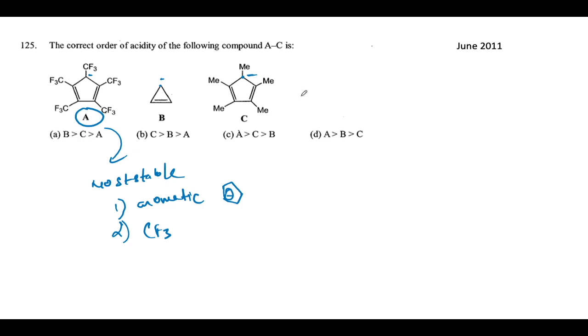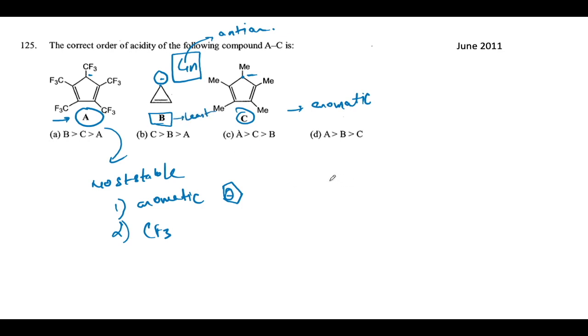It is aromatic. Option C is also aromatic in nature, but since the methyls are not electron withdrawing, it is going to be less stable. The conjugate base of C will be less stable than A, but still it is more stable as compared to B, because B is going to follow the 4n pi electron rule. 4n pi electron rule means it is going to be anti-aromatic, and the molecule does not want to become anti-aromatic, so this is going to be least acidic.